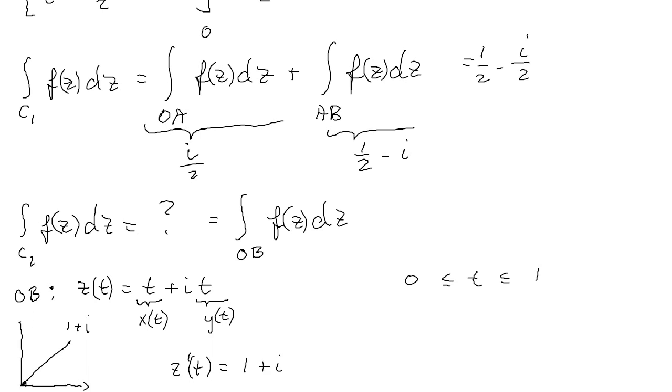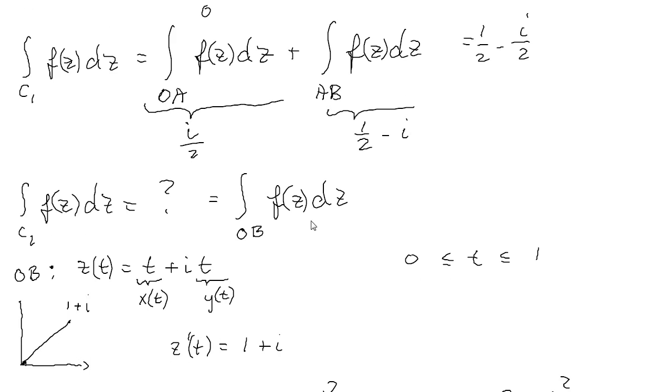So let's turn to the second integral over C2. That's only the integral over the path from O to B, the straight line from here to the point i plus 1. And it's easy to see that using this function we have a description of this curve.